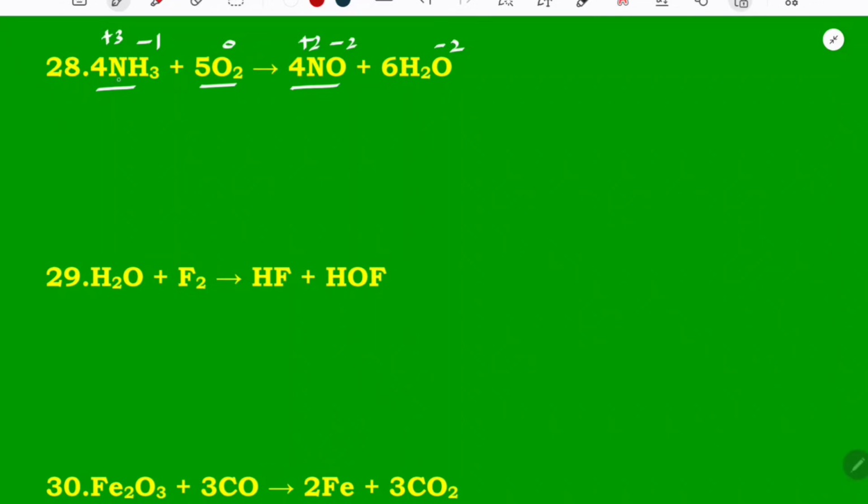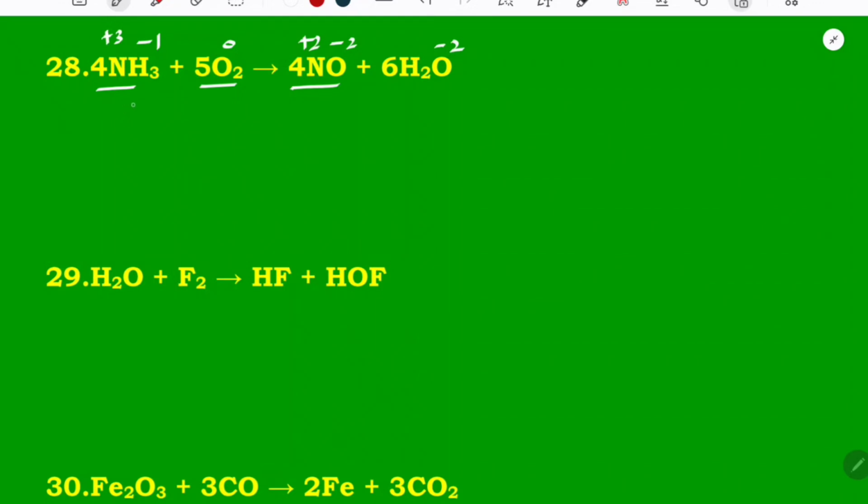So nitrogen, in ammonia, nitrogen having +3 charge. Here +2. +3 to +2 means what takes place? Loss of electrons or gaining of electrons? Gaining of electrons takes place.